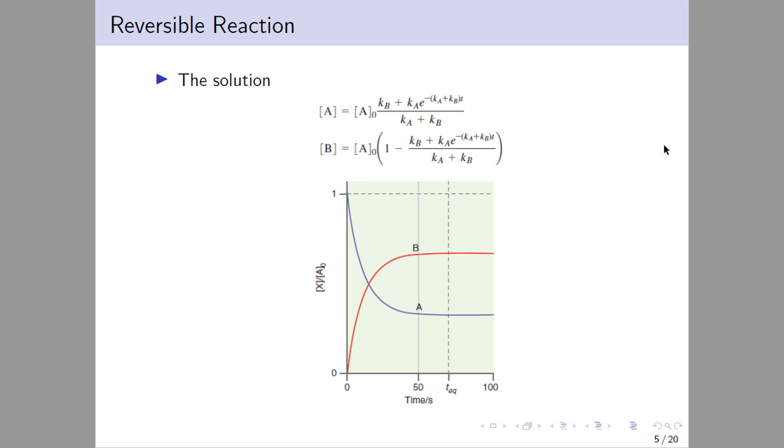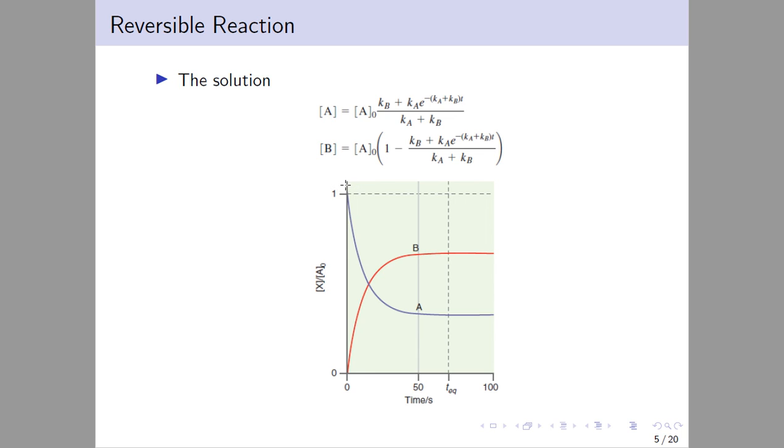The solution for this reversible reaction gives the concentration of A and the concentration of B as equations depending on time. If we assume that at t equal to 0 there is no product, so the product is 0, all are reactant, so the reactant is 1.